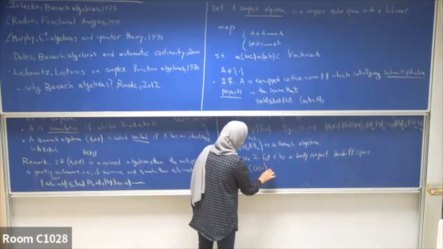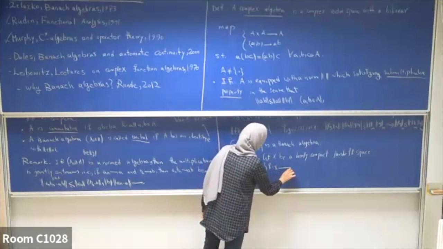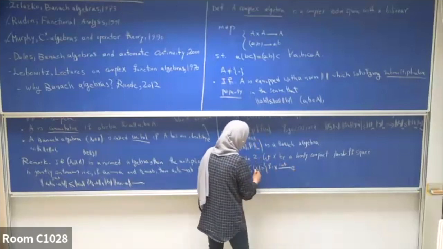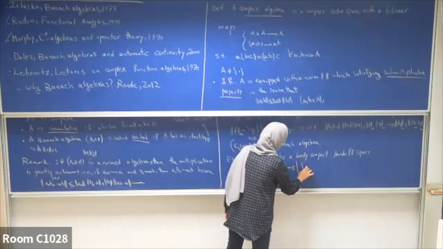In other words, f is a continuous function from X to C such that f vanishes at infinity.